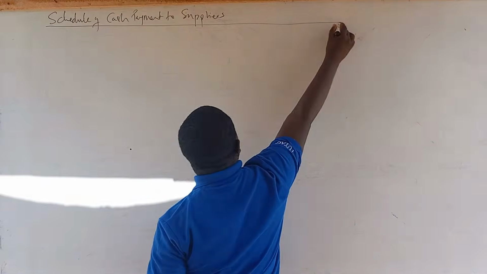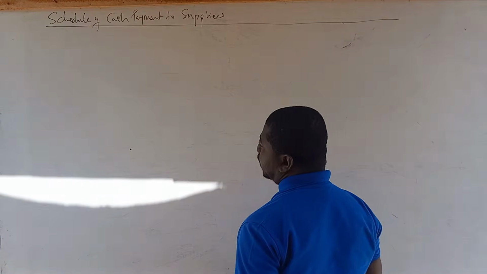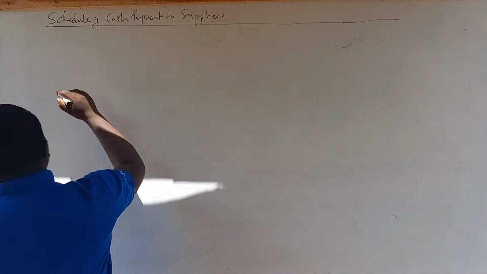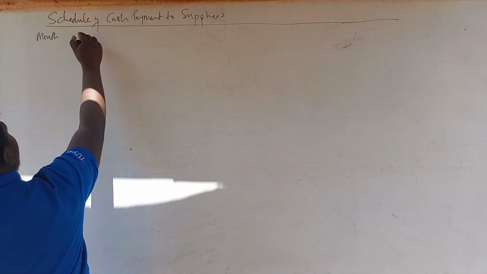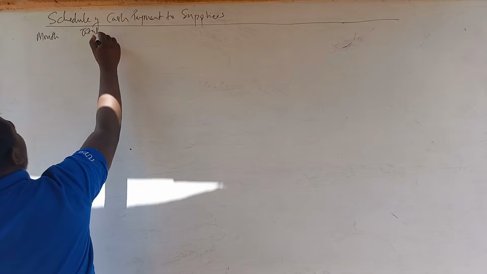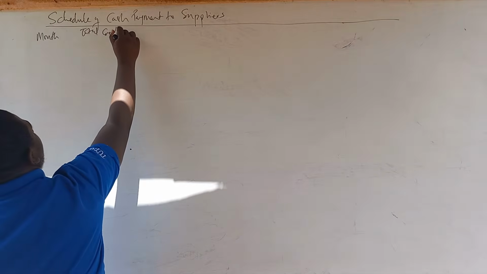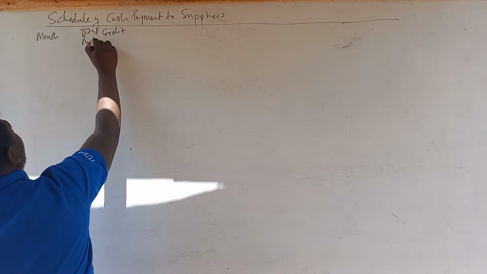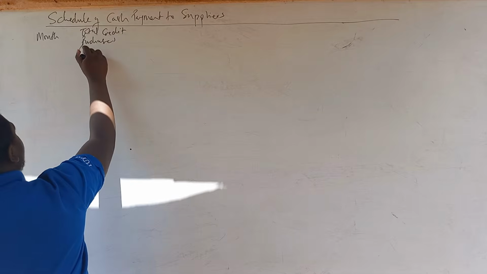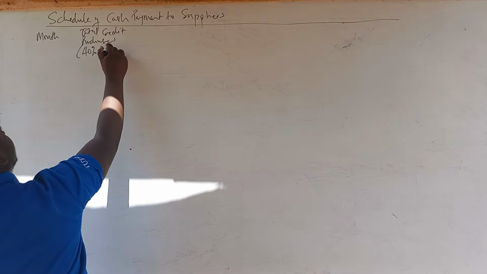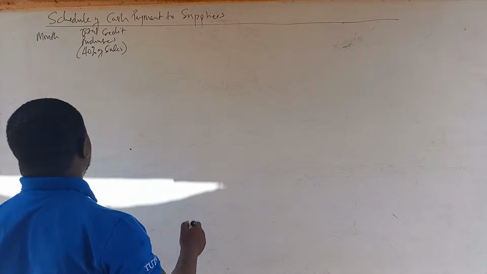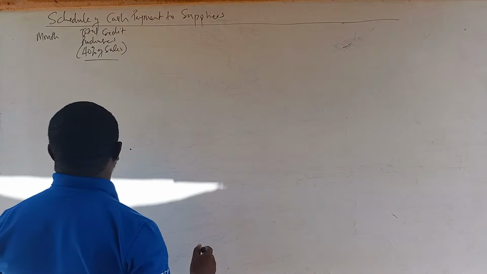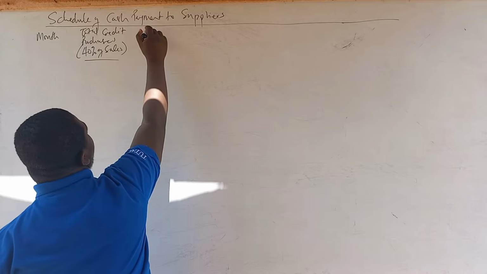So we underline. And just as we did for the debtors, we show the month, total credit purchases. Now, the total credit purchases we are told is 40% of sales. And so I'm showing this in brackets so that we can punch it at once with our calculator to make it easier.